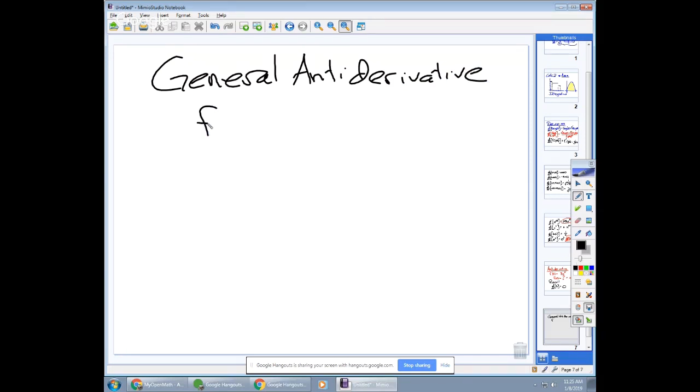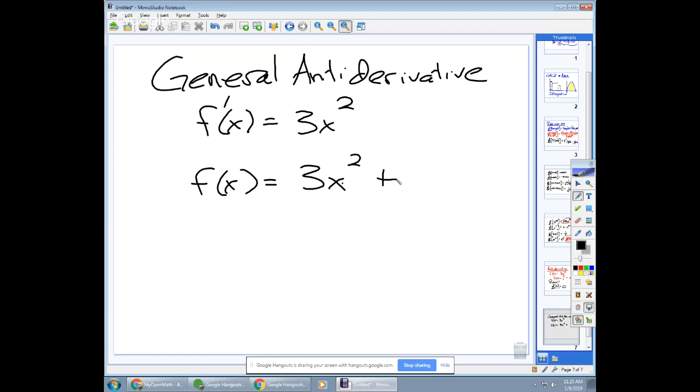For example, if f prime of x was equal to 3x squared, then the general antiderivative f of x would be x cubed plus c. Sorry, I don't know why I said that, brain fart. C is just some constant. Sometimes that constant could be 5, or pi, or 0. We just don't know, so we would need some other information to figure out which specific function had that derivative, because there's a whole bunch of them that have that derivative.